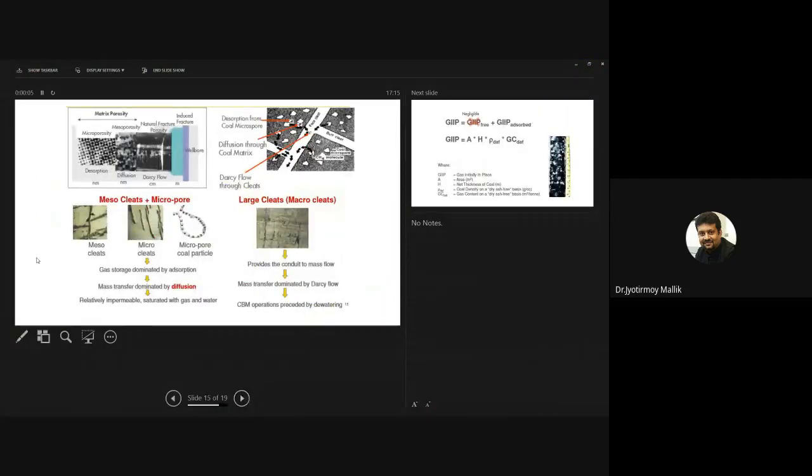Okay. So you can see here the basic matrix porosity and fracture porosity, and matrix permeability and fracture permeability is denoted.